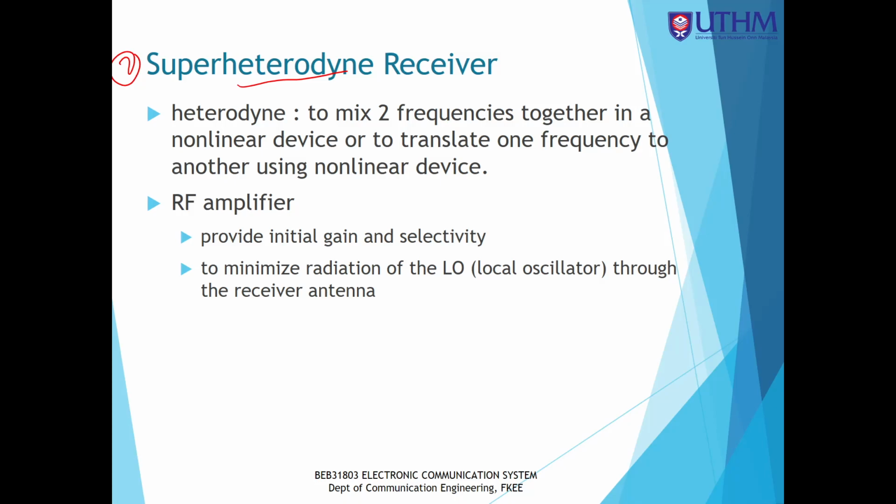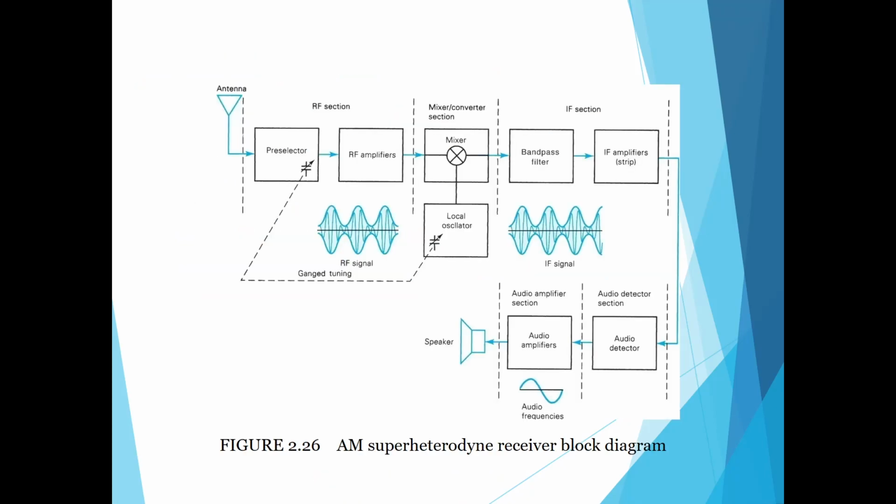It consists of a few sections: the first is the RF section, then the mixer converter section, the IF section, and also the detection section. Over here is the detection section.